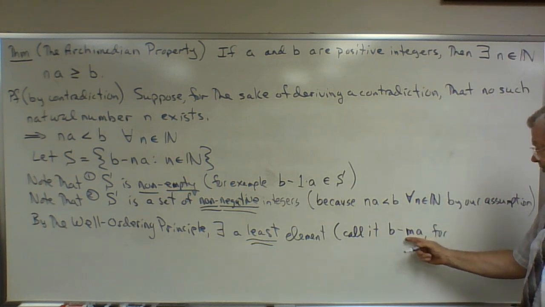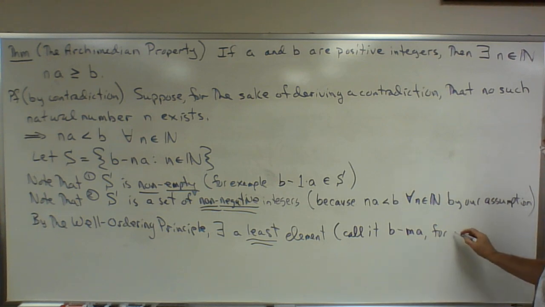So here's our least element, b minus ma, for some natural number m. There's our least element.